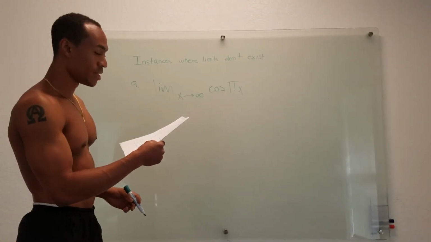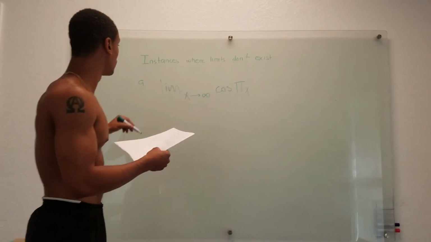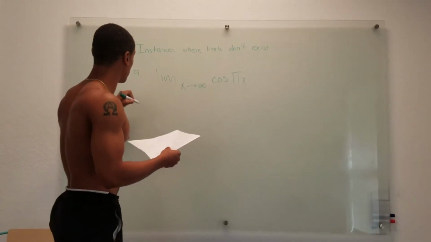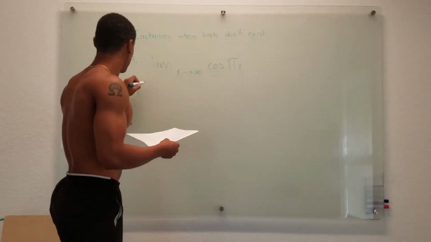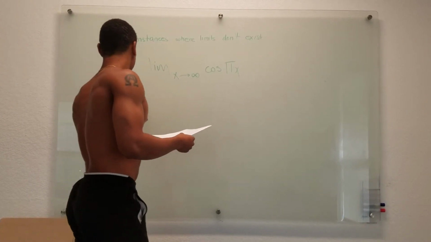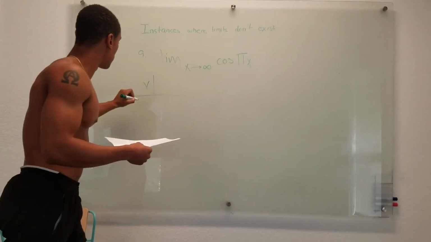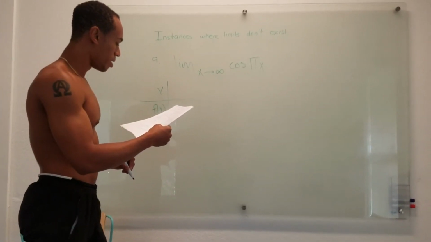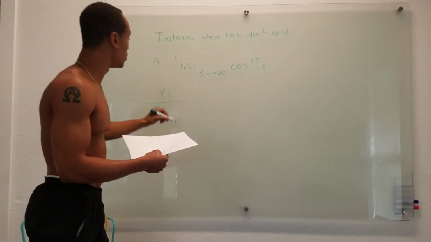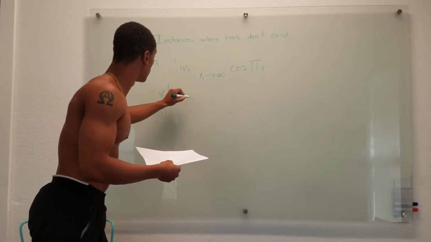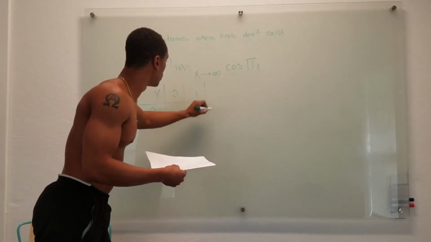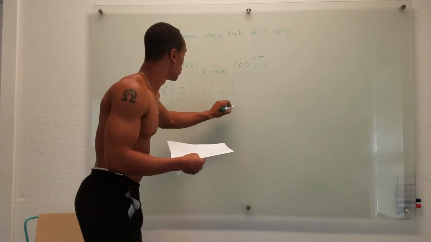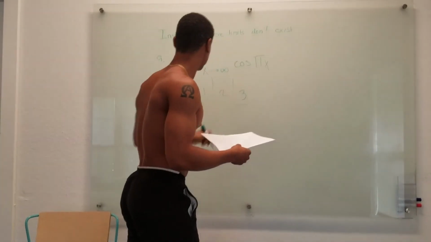So I'm going to set up a table, just like we did with estimating. We have x and f of x. I'm going to start with 0, 1, 2, 3.